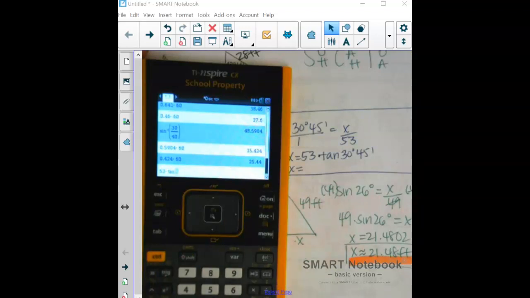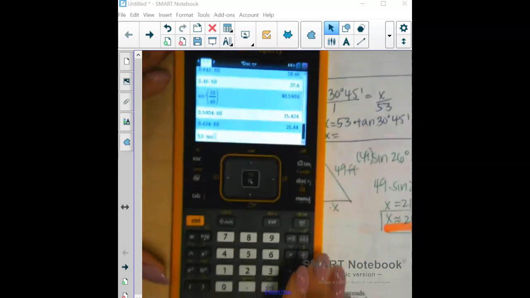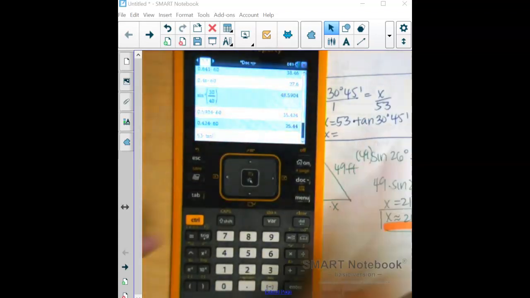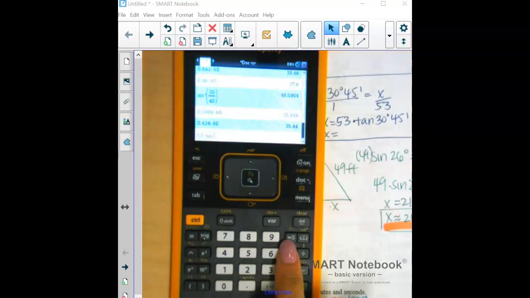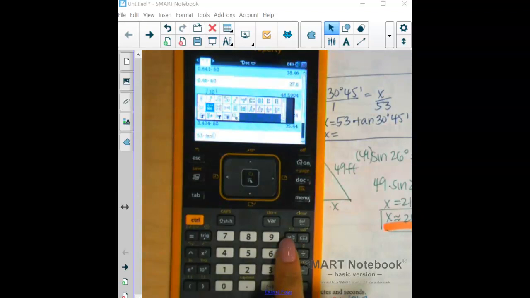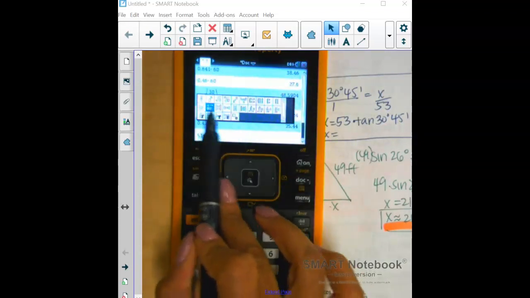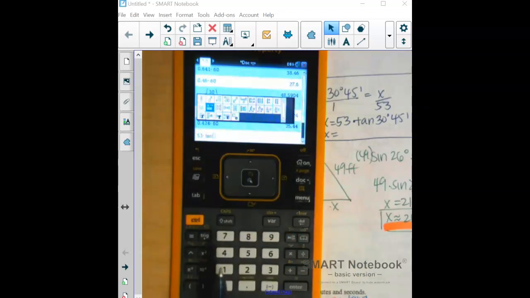So look up at the screen so you can see. I am going to push to get the degrees, minutes, and seconds. I'm going to push the button that's for your catalog, next to 9 and the open book. Hit that, and we're going to select the second row, second column. It's already highlighted in blue on my screen.